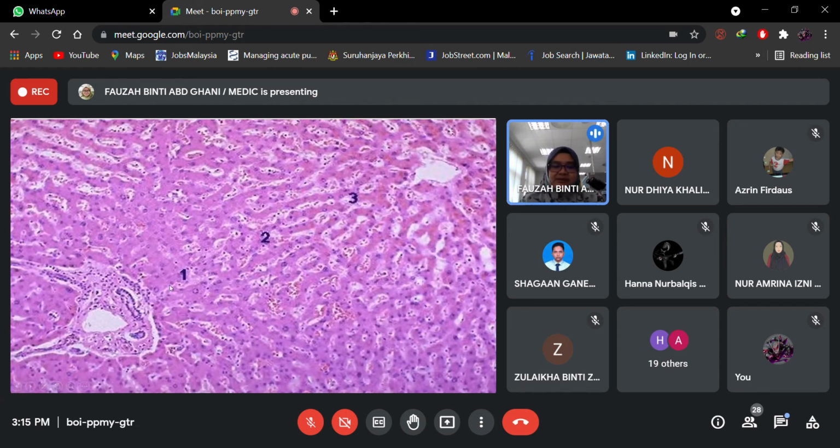So the liver has a particular architecture, right? The architecture of the liver is very important because this ensures that it will carry out its normal function.